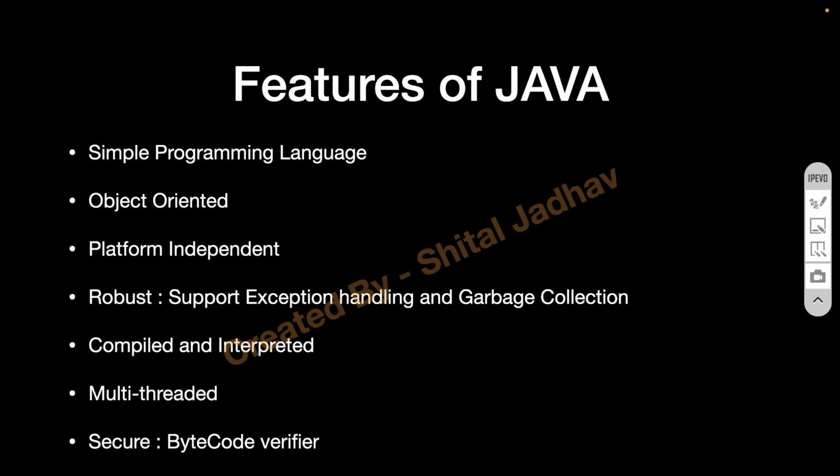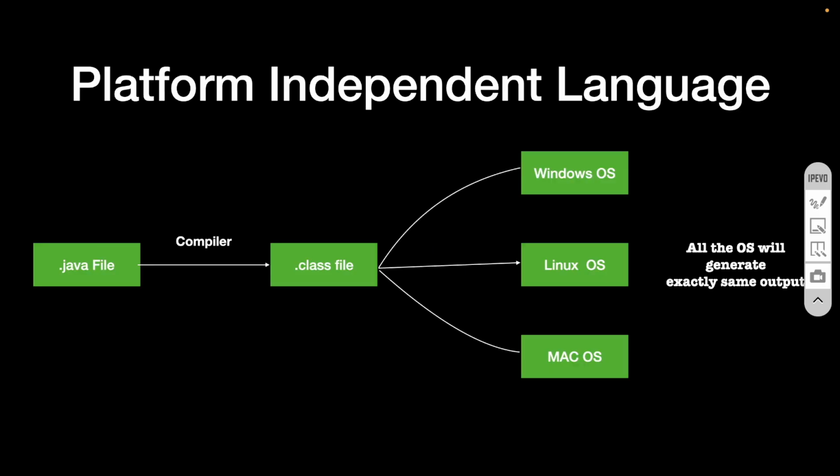Then Java is a robust language. It is compiled and interpreted. Okay, also it supports multi-threading, and Java is a secure programming language. Okay, so these are the features we have for the Java, and because of this Java is a very popular programming language.